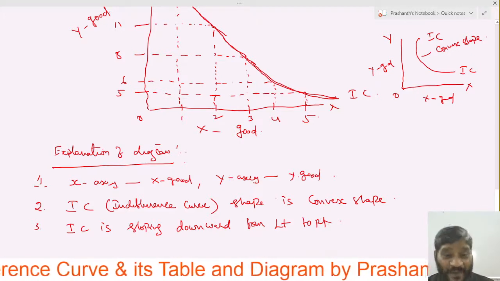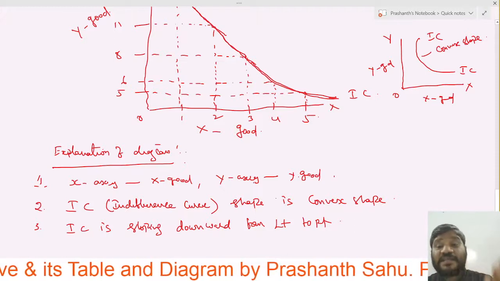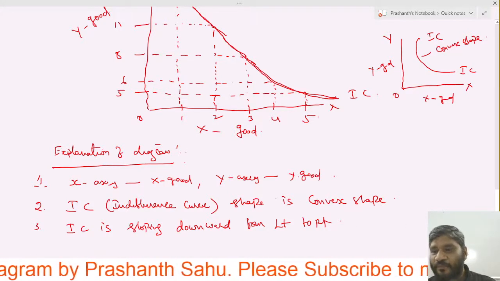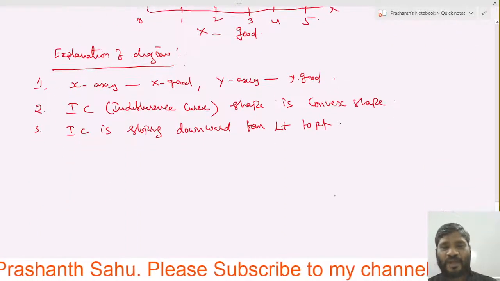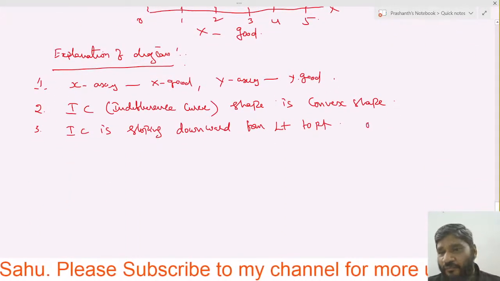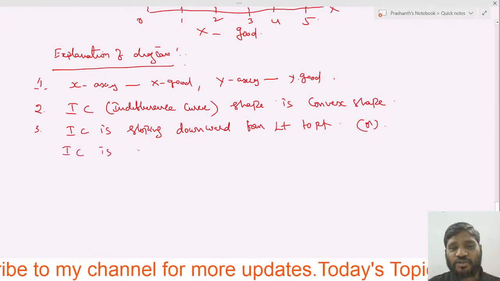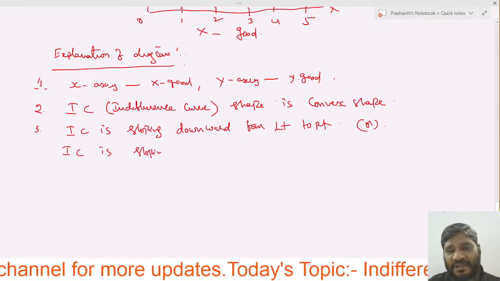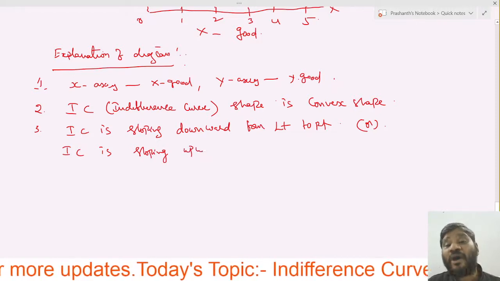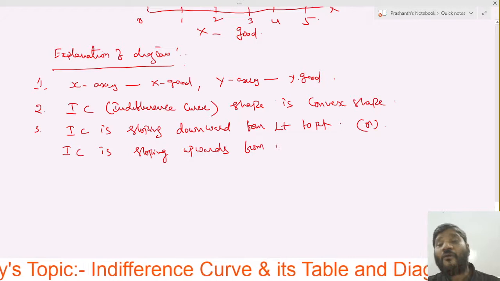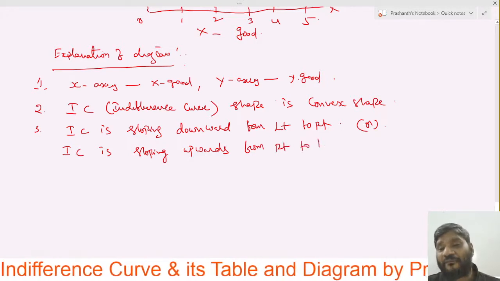Or we can also say like this: indifference curve is sloping upwards from right to left.